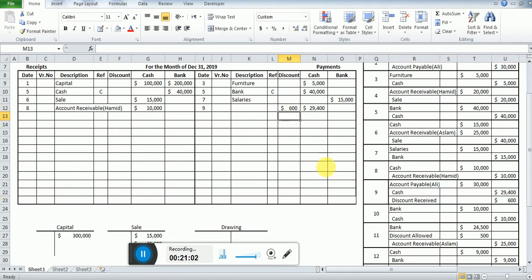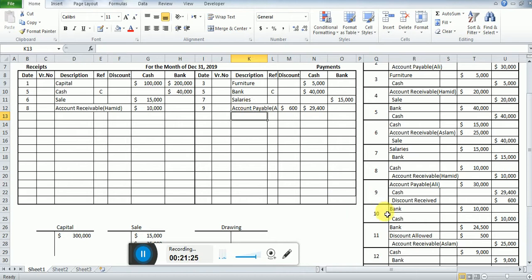Why are you not putting this 600 here? Because this side is for debit and this side is for credit, and this discount is also in the credit, so that is why I'm putting it in the credit. So dear students, these two entries credited. So what's the reason? In the description you have to put account payable, so that is why I'm putting account payable as a description only.